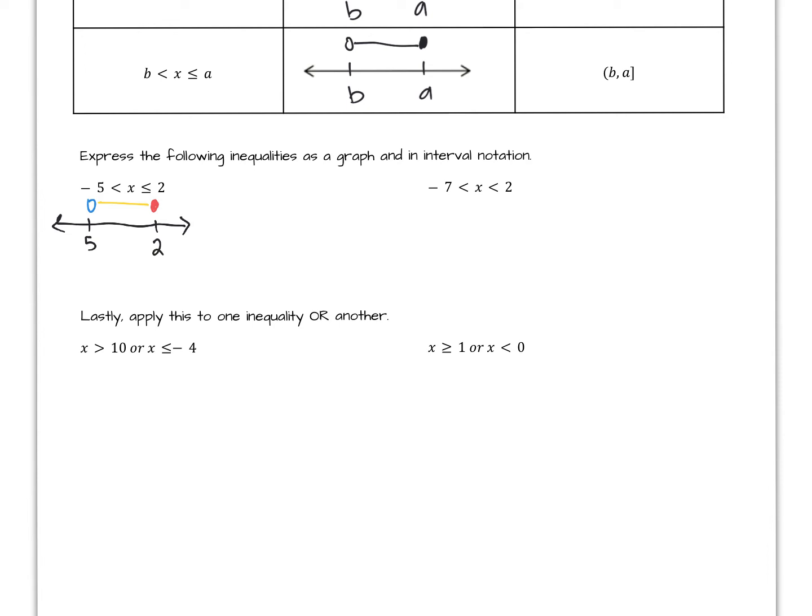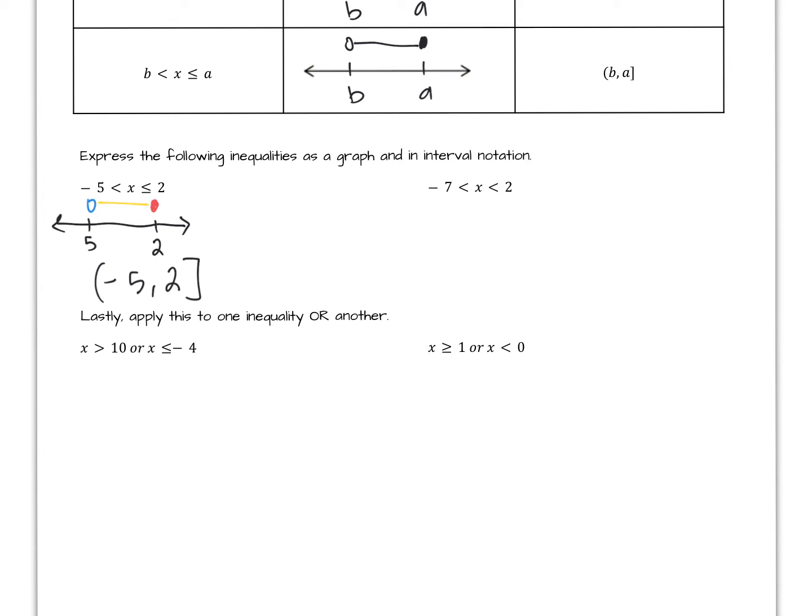So when I do my interval notation, the nice thing about these is the number on the left is always the left side of the interval, the value on the right is always the right side. Open circle at -5 is a parenthesis, closed circle at 2 is a bracket.